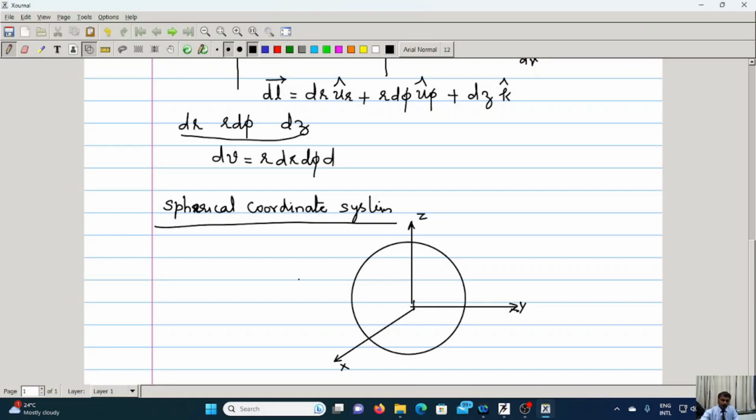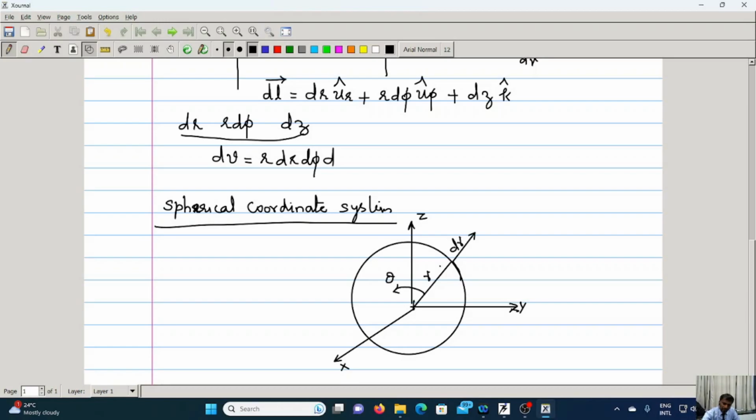Then we have this radius along this direction. This is nothing but r, so the distance will be dr. Then this theta is increasing, this is your theta, right?